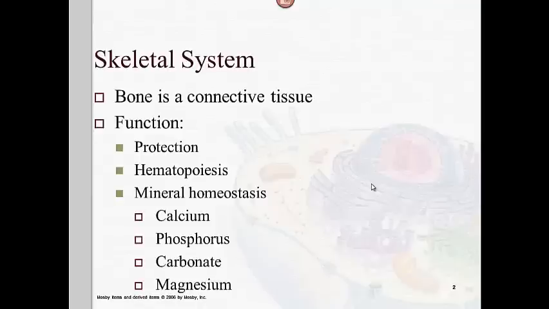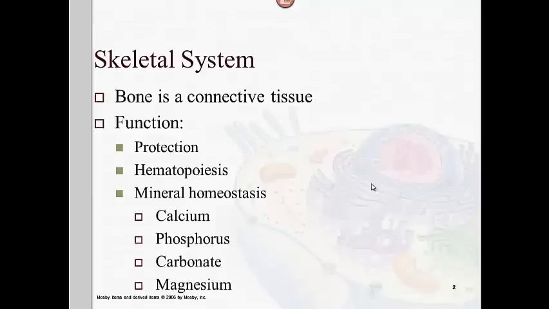So before I continue, let me explain what is an osteoblast and what is an osteoclast. Osteoblasts are the major cellular component of the bone. Again, they are the functional part of the bone matrix, which consists of protein and minerals.